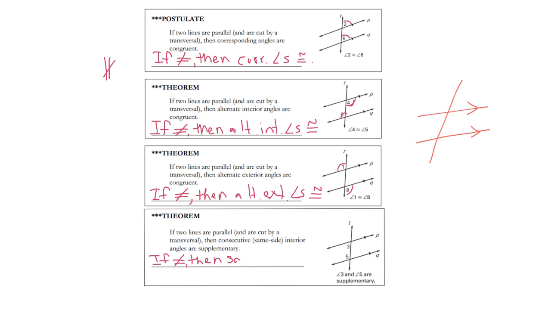So then same side interior angles are supplementary. So a reminder that when we have same side interior angles, the S's will remind us that we need supplementary here, another S. So same side interior angles will be supplementary.